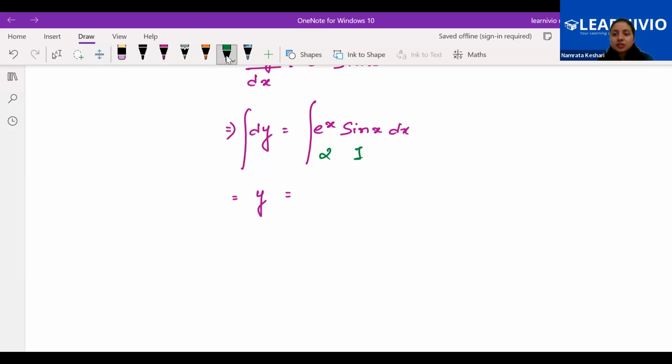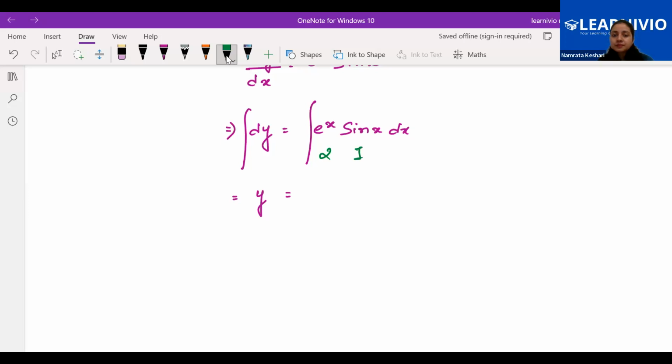Exactly what is the rule for integration by parts?